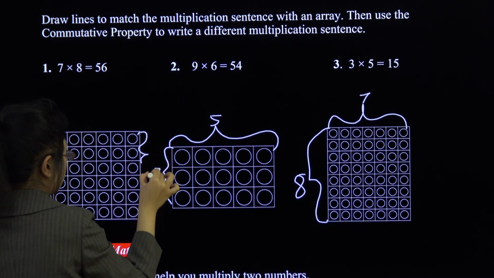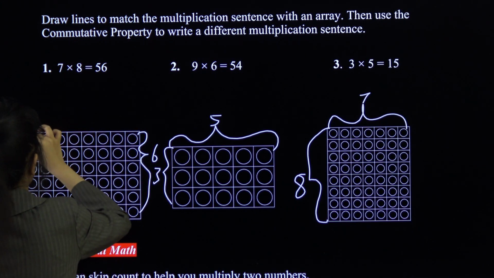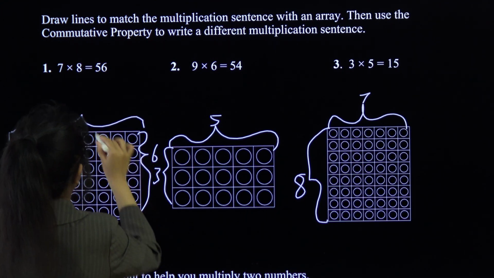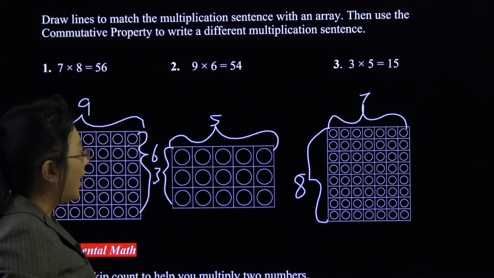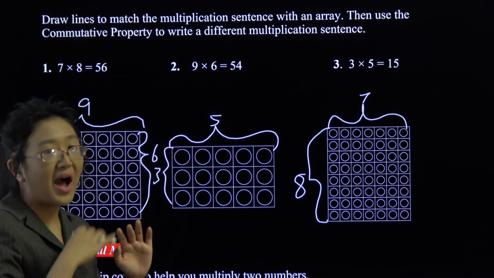Here there's, well, 6 circles. And here there's 9 circles. Well, which one has 7 circles and 8 circles? 7 by 8.